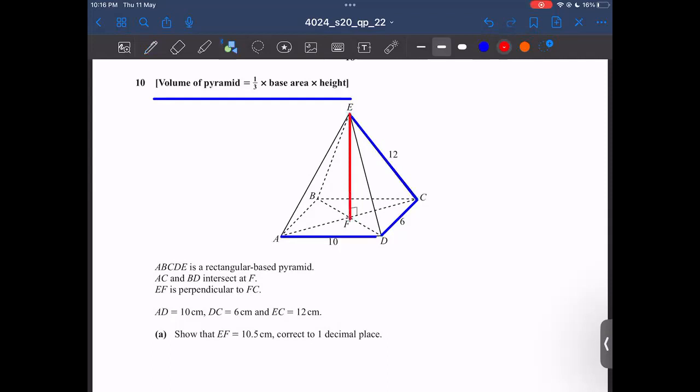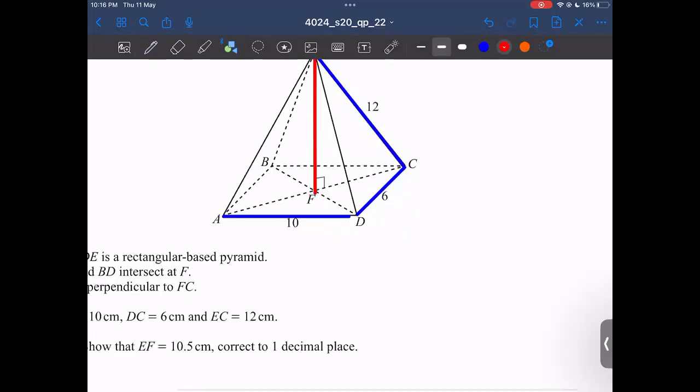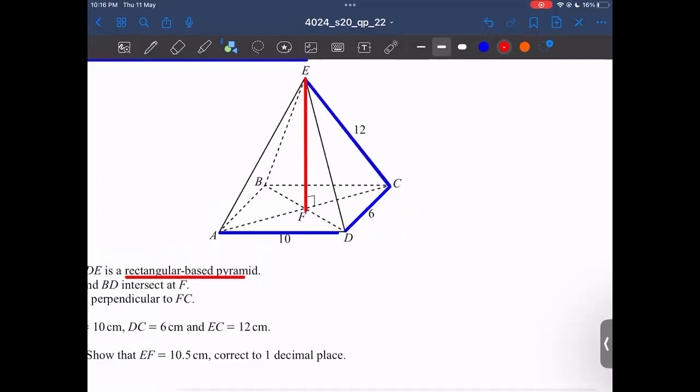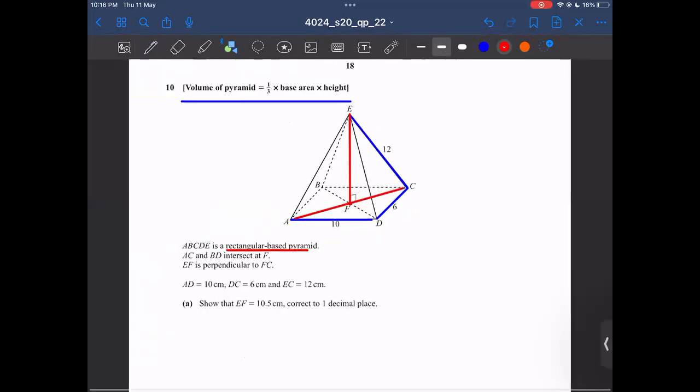So what I did, I said, okay, in the base we have a rectangle here. It is a rectangular base pyramid. So this one is the hypotenuse. Let's just find out the value of the hypotenuse. The value of AC square is going to be equal to 10 square plus 6 square, the sum of the squares of the legs.